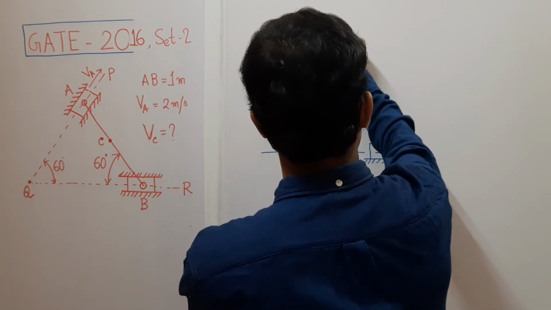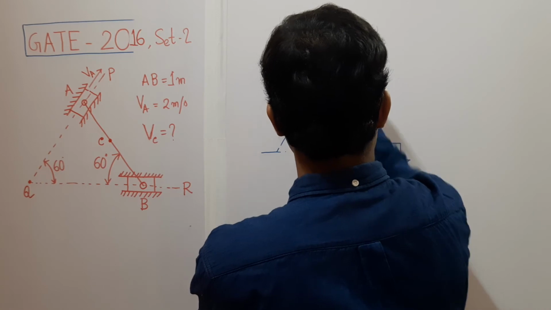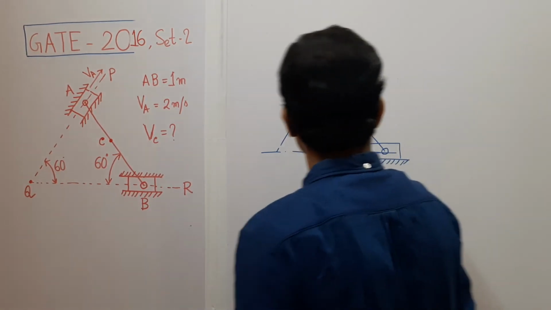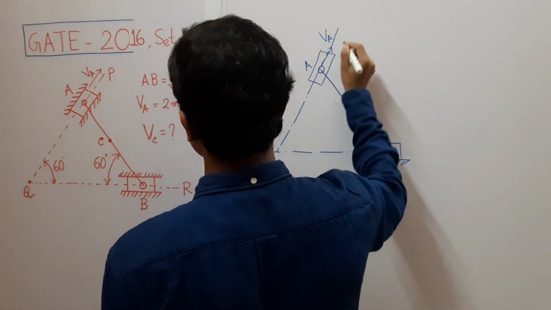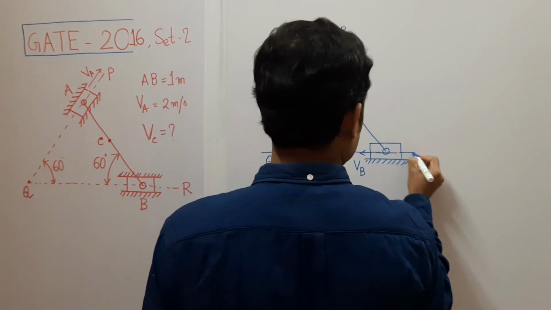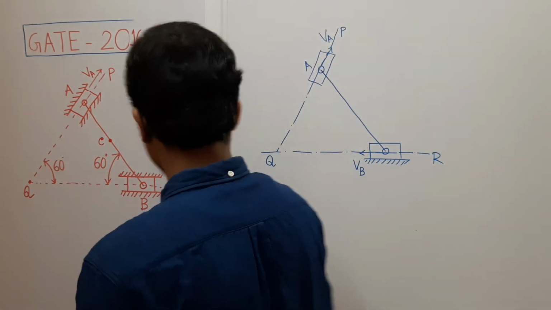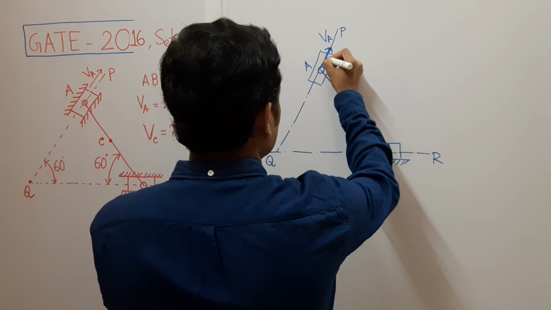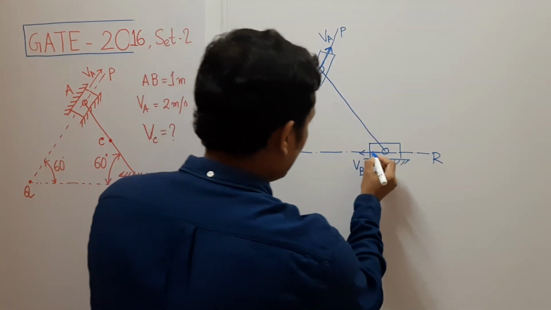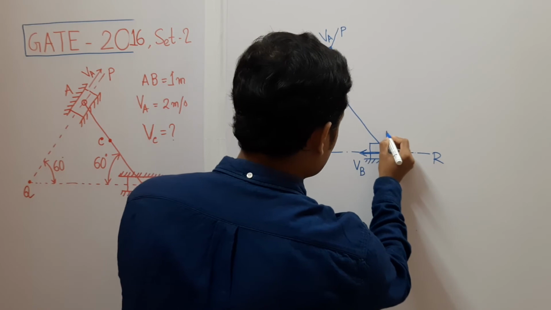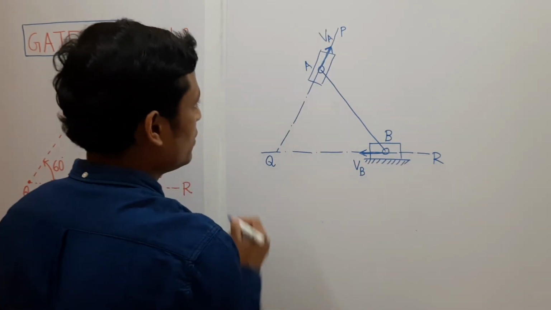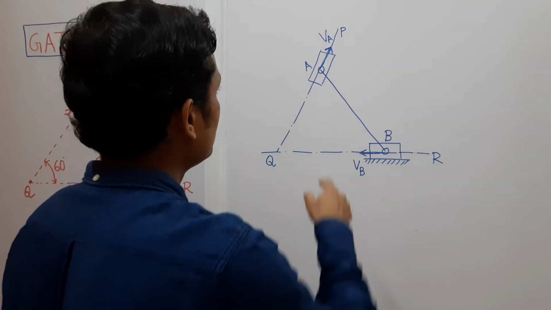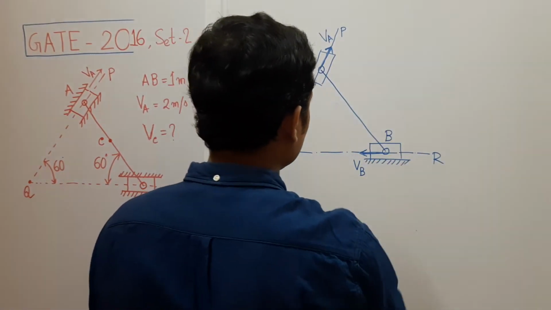So this is VA, this is point A, and this is VB. VA is along QP, and VB will be along QR.